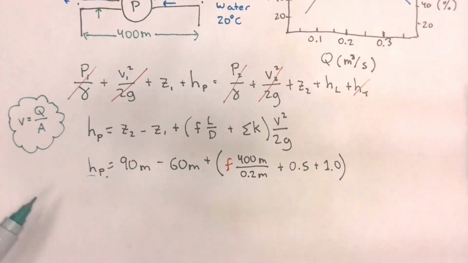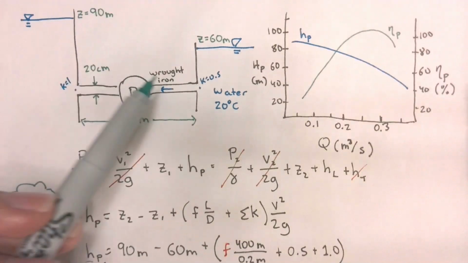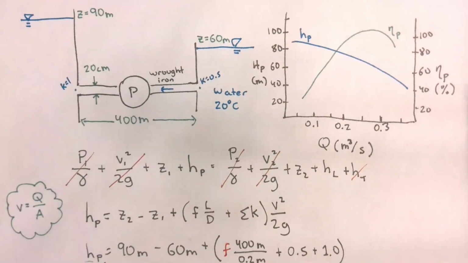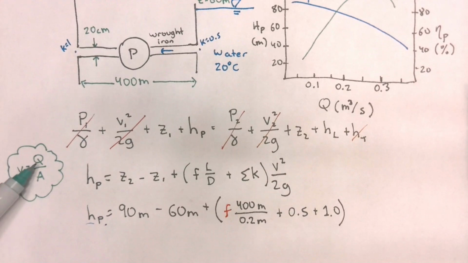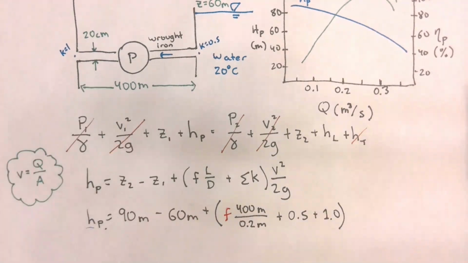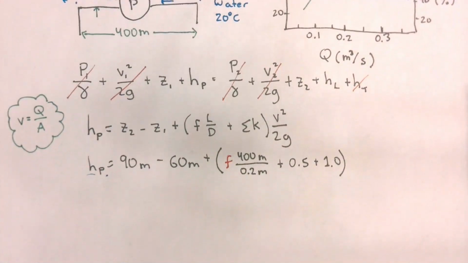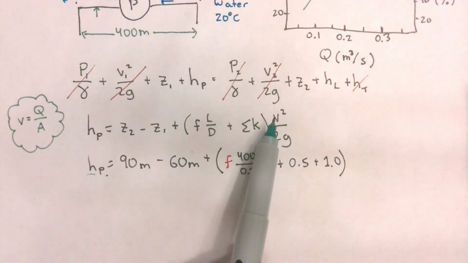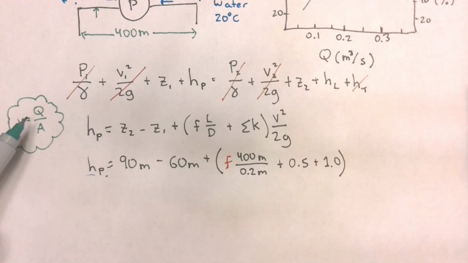This is steady flow. That means that the flow rate will remain constant with time. So we can treat these two as constants, and then the area would just vary depending on the area of our pipe. In this case, our pipe has 20 centimeters, it's just one pipe. That means that all these three terms will be constant: velocity, flow rate, and area. So instead of this velocity squared, I want to replace that velocity with flow rate over area.